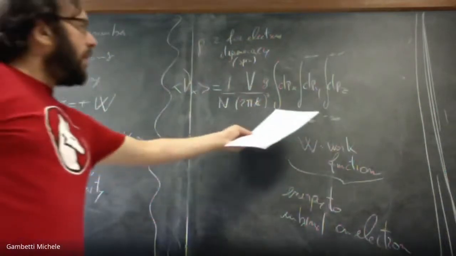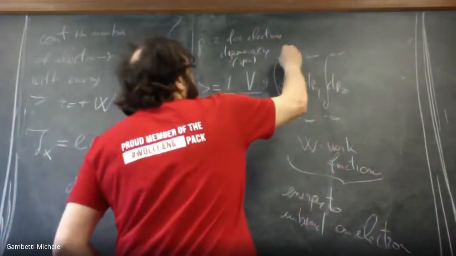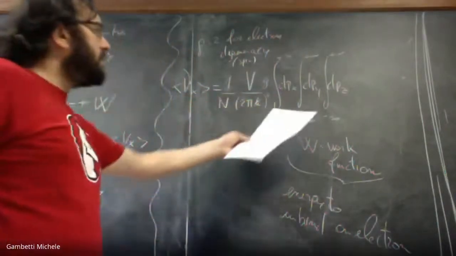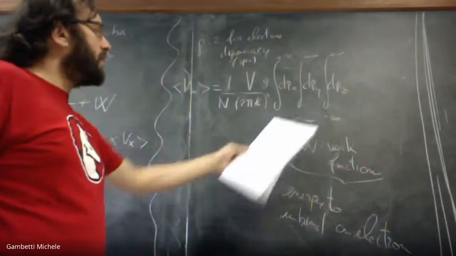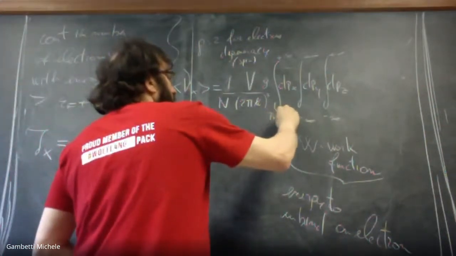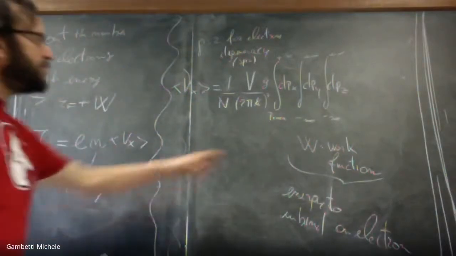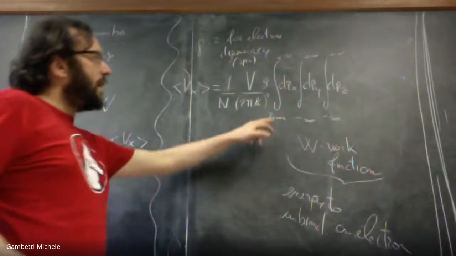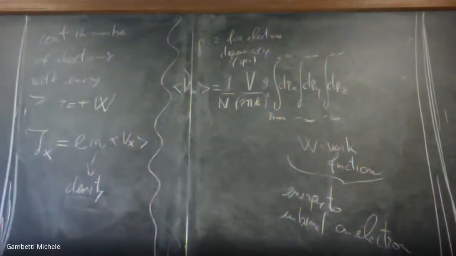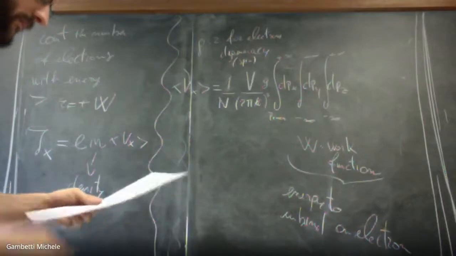Whereas on the x, I have the constraint that, okay, plus infinity here, and here I have a minimum of the x component, which comes basically from the requirement that the energy is larger than EF plus W. I will write it in a moment.